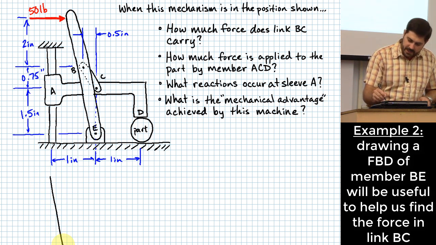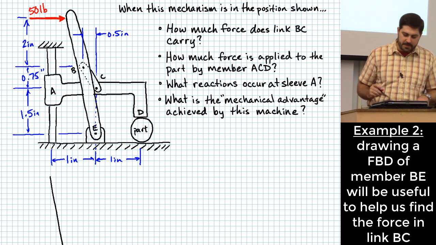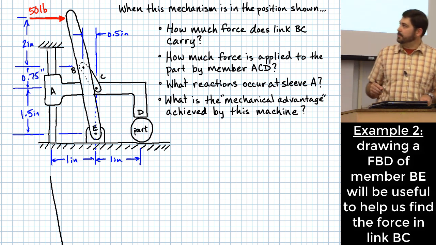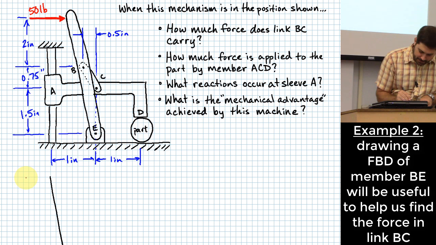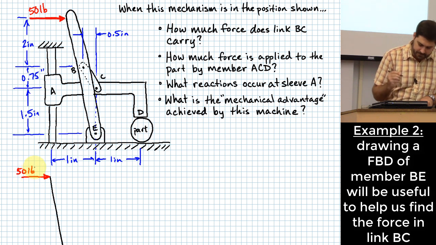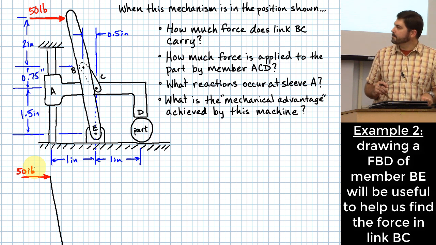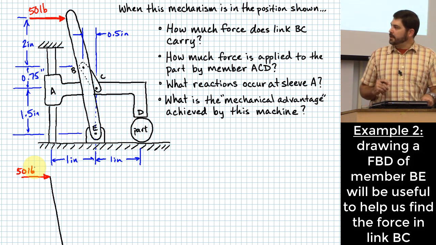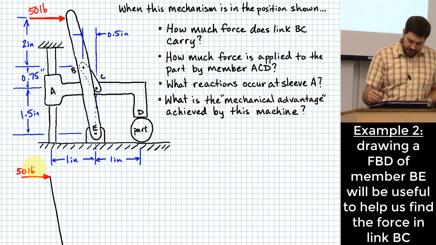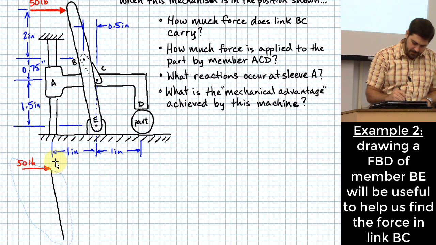And one of the forces that acts on that lever is relatively easy for me to figure out. What would that be? The 50 pounds up at the top. I'll go ahead and start with that. And then another location might be relatively easy for us to determine. What location might that be, I'm thinking? Okay.